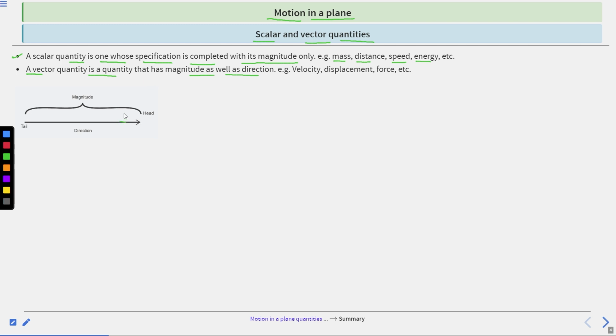Clear? Right side. So this is the symbol of a vector, like velocity, displacement, and force. These are examples of vector quantities. Clear? Whereas scalar is only magnitude. Clear?